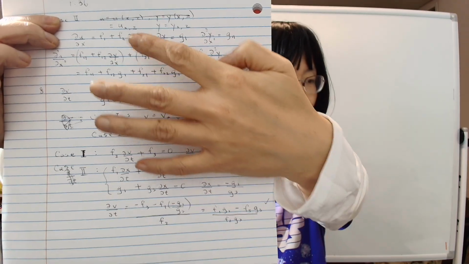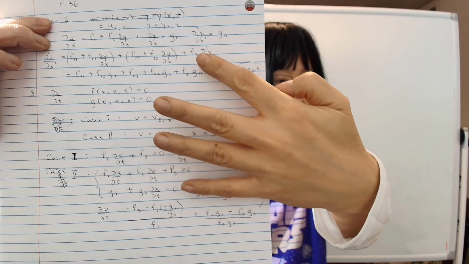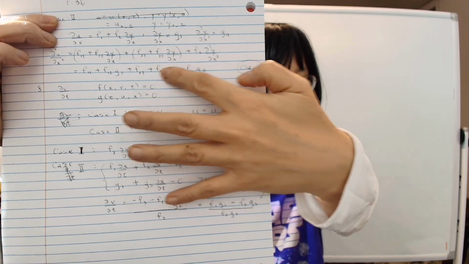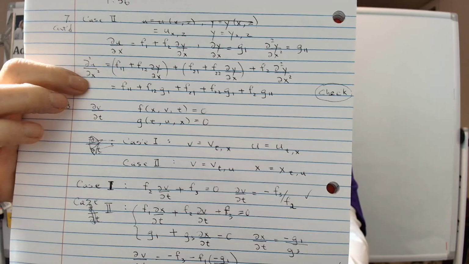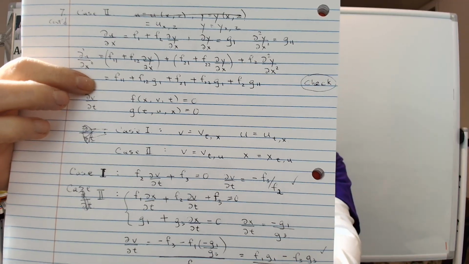After you put f2 in there, this is the other part of the product rule. Once you patiently get through all that, we get this answer.